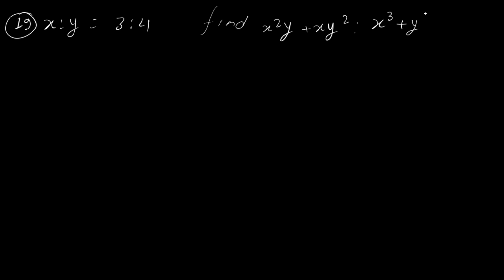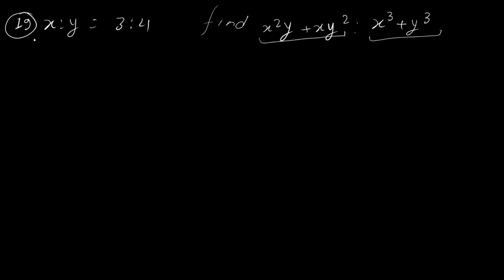So what you have given is x is to y is 3:4. Then find x square y plus x y square over xq plus yq.